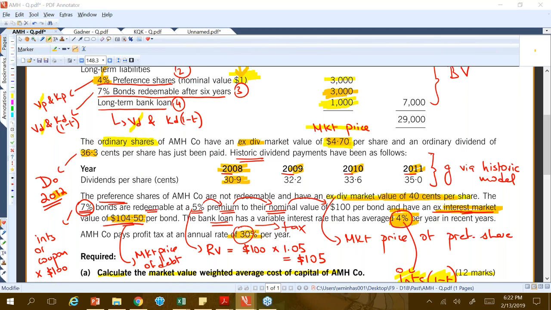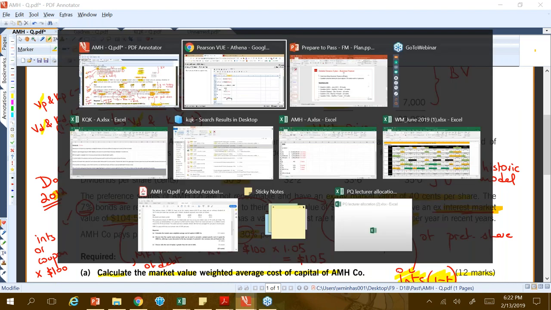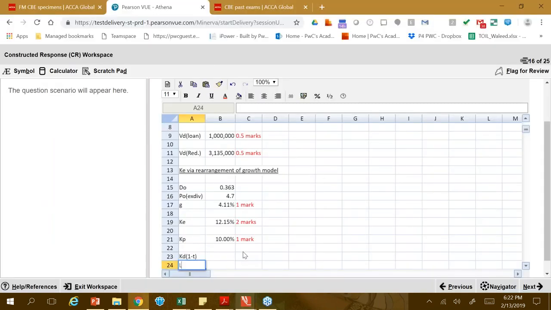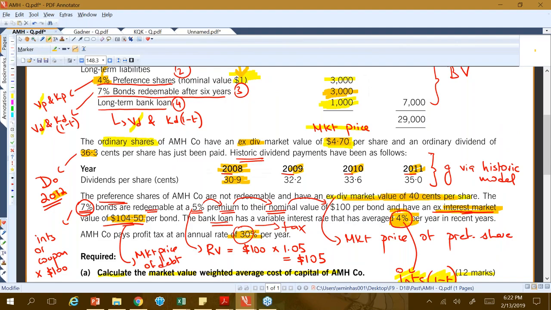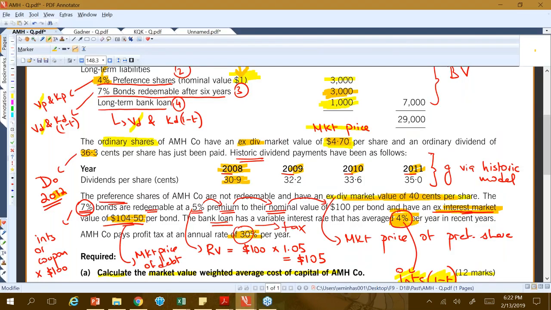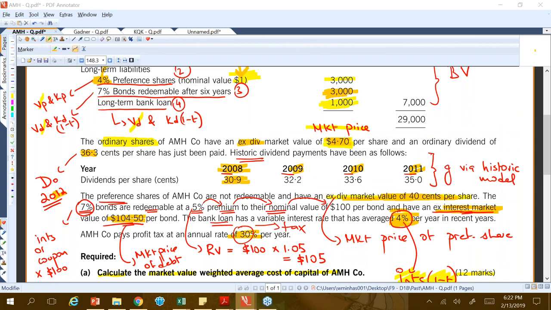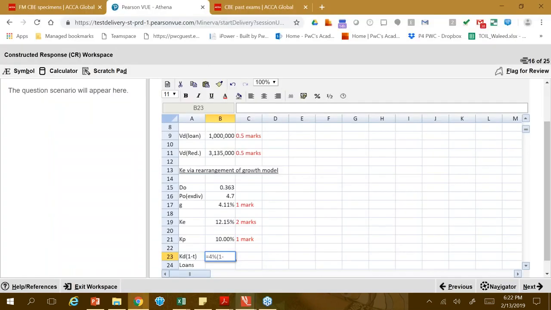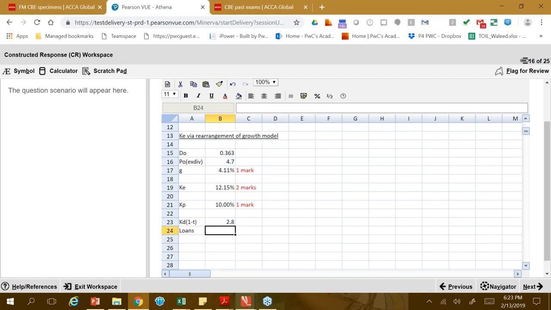So KD equals interest times 1 minus T. We're working on the loans, so the interest here is 4%, then into the 1 minus the T. So 4 into 1 minus the tax gives me a KD of the bank loan of 2.8%.